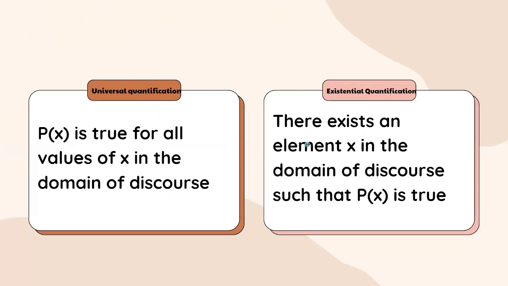So let's say I have 10 things in my domain, and everything else is false but one. Then that makes the whole statement true, because there is one object within the domain that is true, right?